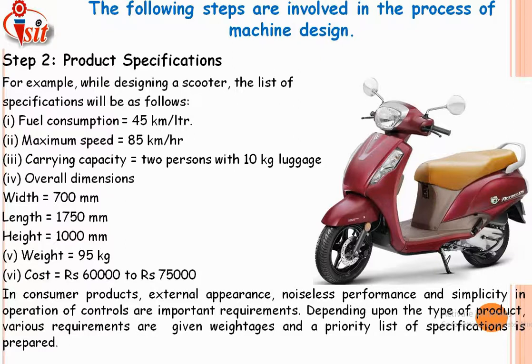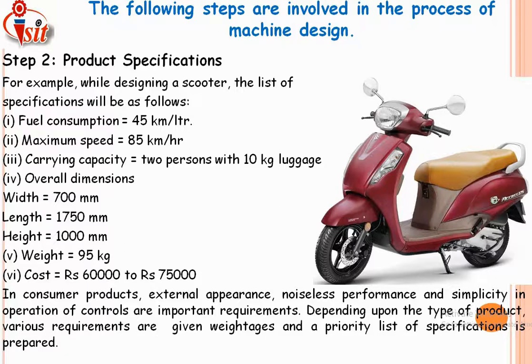So if you want to design a scooter or any element of a scooter, first the product specifications of that scooter are: what will be the fuel consumption, what will be the maximum speed, what is the carrying capacity, how much load it can carry, then overall dimensions, that is the geometrical parameters: what will be the width, the length, the height, what will be the gross weight of the scooter, and foremost, what will be the cost of that scooter.